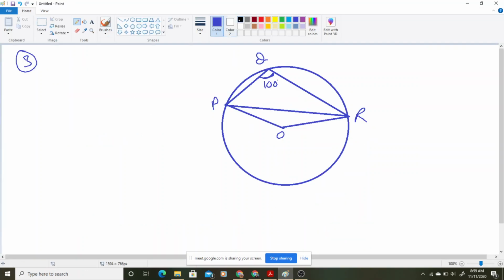Angle OPR. So let us check which angle we have to find. This one. This is our angle OPR. This small one. This is what we have to find. So how much will it come? How can we find it? See, it is really very simple to find out. See, this angle PQR is half of the reflex angle POR.